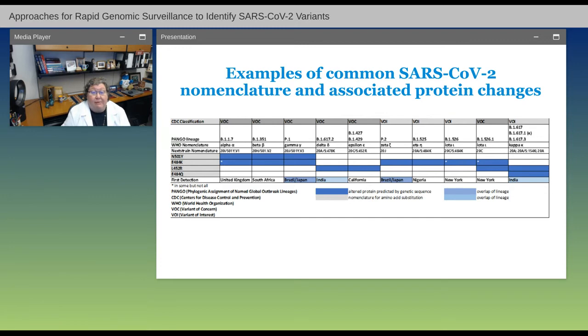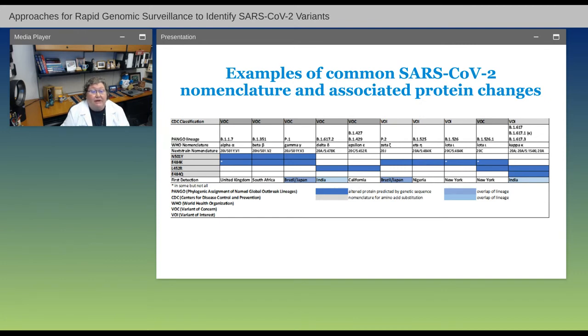Then we have the gamma variant, the delta variant, the epsilon, zeta, eta, iota, and kappa. Many of these you'll see listed more than twice. The one that originated in Brazil has the P1 and the P2, and they are named differently because of their genetic dissimilarity.